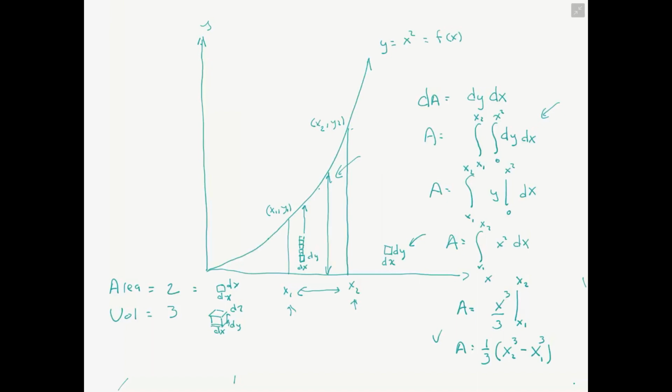So it just comes down to adding up these infinitesimally small areas or infinitesimally small volumes, and we are just looking for the bounds or the boundaries of integration, and that's it. So it's actually simpler than what mathematicians try to teach about trying to find areas in one dimension and volumes in one dimension.